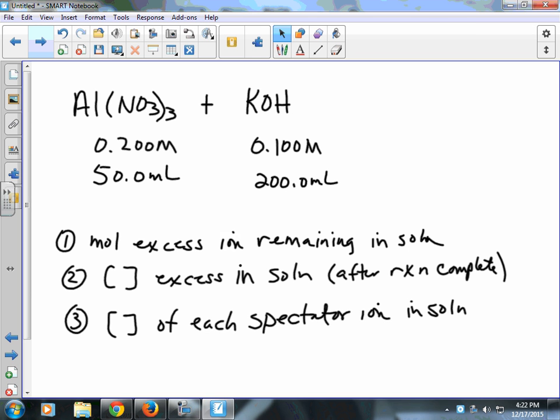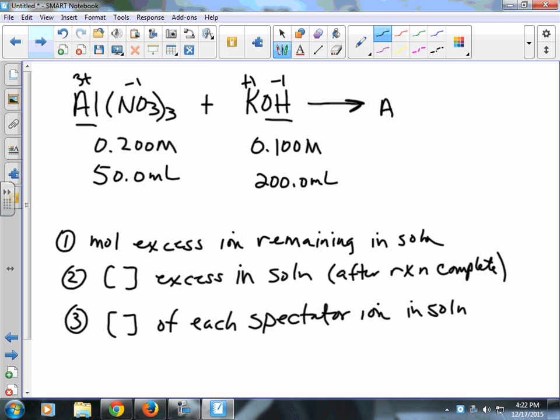Okay, so the very first thing that we need is a balanced chemical equation. So this is double replacement. All precipitation reactions, which is what this is, are double replacement. So aluminum is going to bond to the hydroxide. Aluminum is a +3 charge. Nitrate is a -1. Potassium +1. Hydroxide -1.